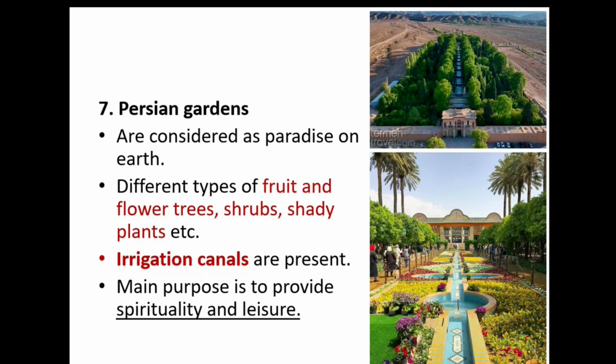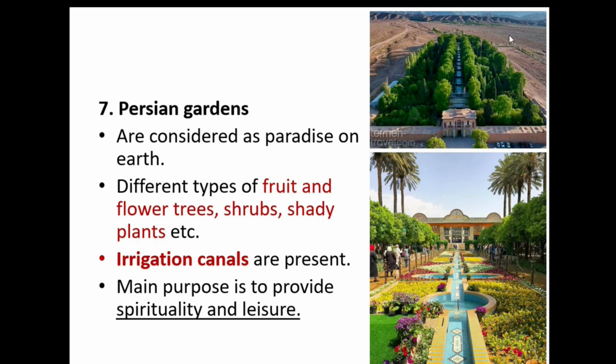Mainly, these Persian gardens are used for spirituality and leisure, so people use them for leisure and even for a spiritual purpose. Along with the flowering plants, they have shady plants, fruit plants, and shrubs.